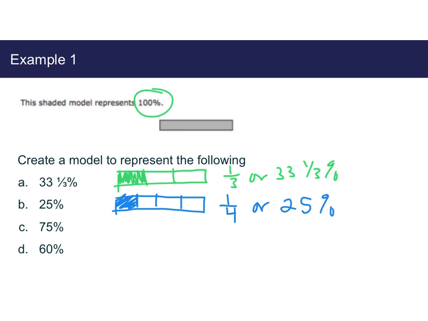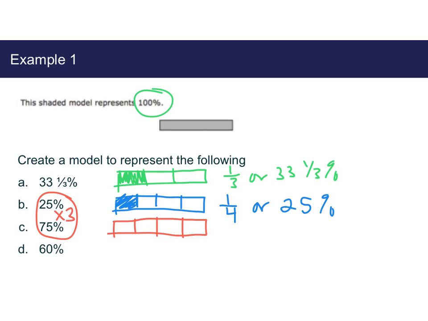All right, for our next one, we've got 75%. So 75% isn't one of our benchmark numbers, but 75% you'll see is related to 25%. 25% times 3 is 75%. Just like if you have something that costs 75 cents, that would be 3 quarters. So we're still going to have to split this up into 1, 2, 3, 4 parts.